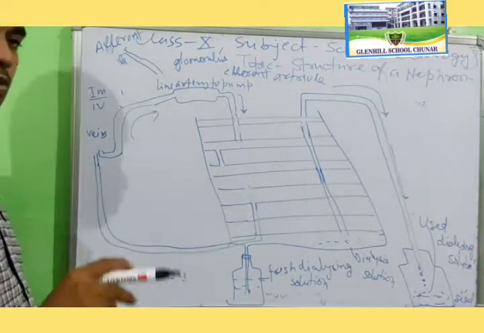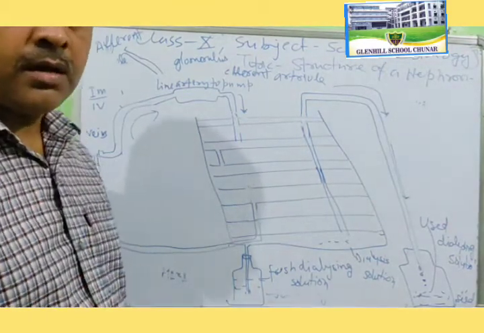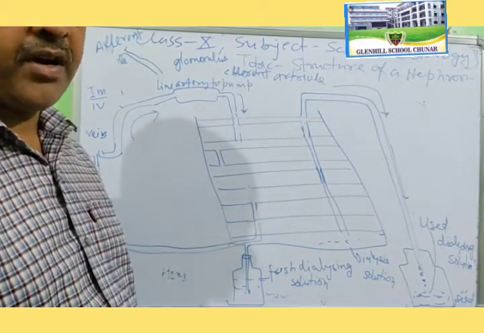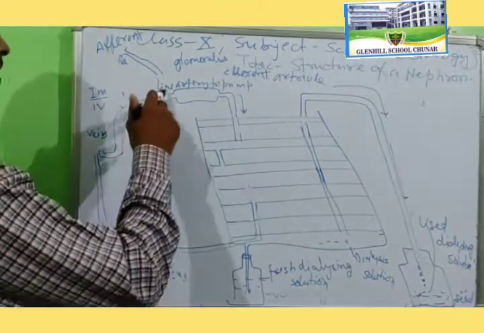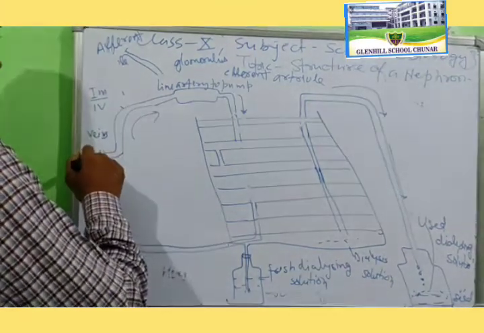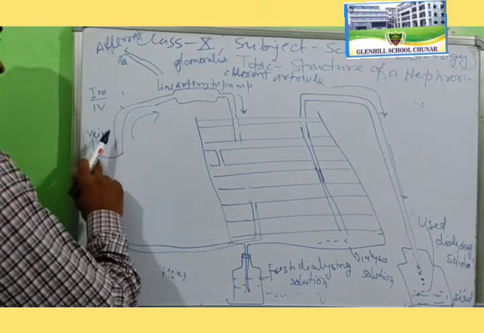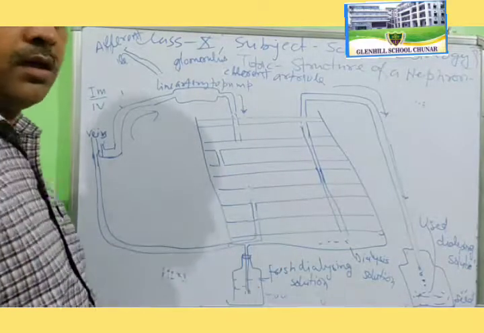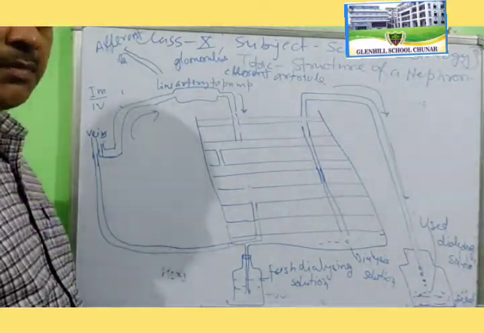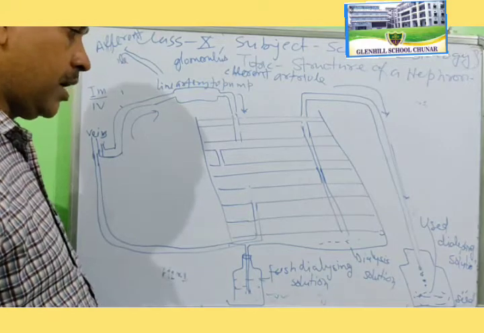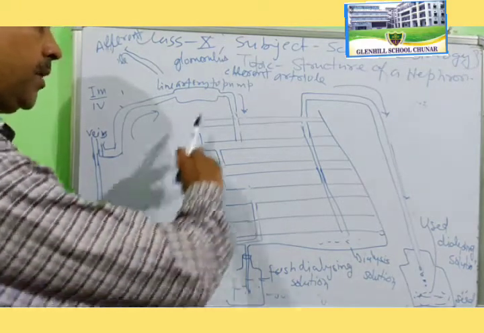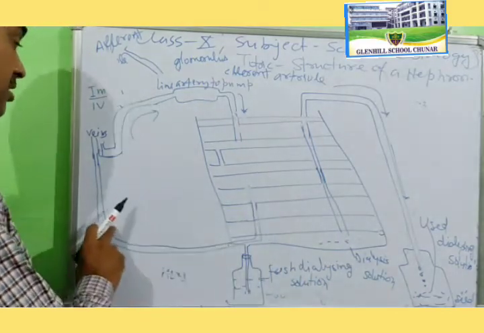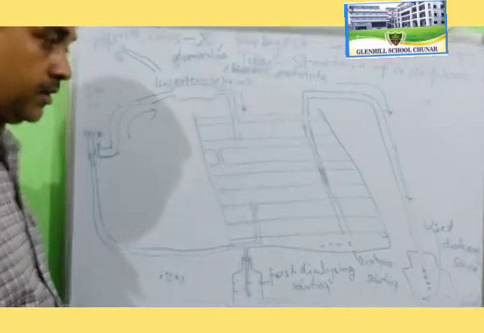You know, the artery brings the oxygenated blood, and this is filtered by the nephron from afferent arterioles. Suppose this line is the artery. It brings this blood and pumps it to the dialysis machine for purification. After purification, this machine supplies the blood to the vein.